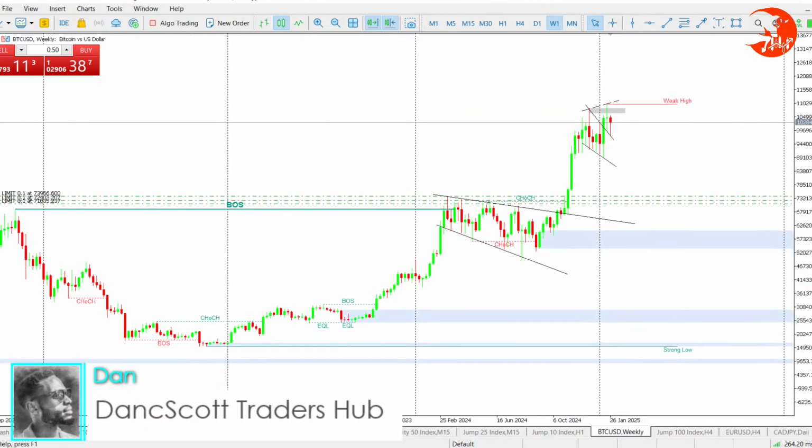If we go to weekly, we see that the previous high is this one. That is our previous high, and that is a strong high right there. Why? Because it's the very high that gave us this lower low, which is a higher low right there. So having seen that, that becomes our strong high.